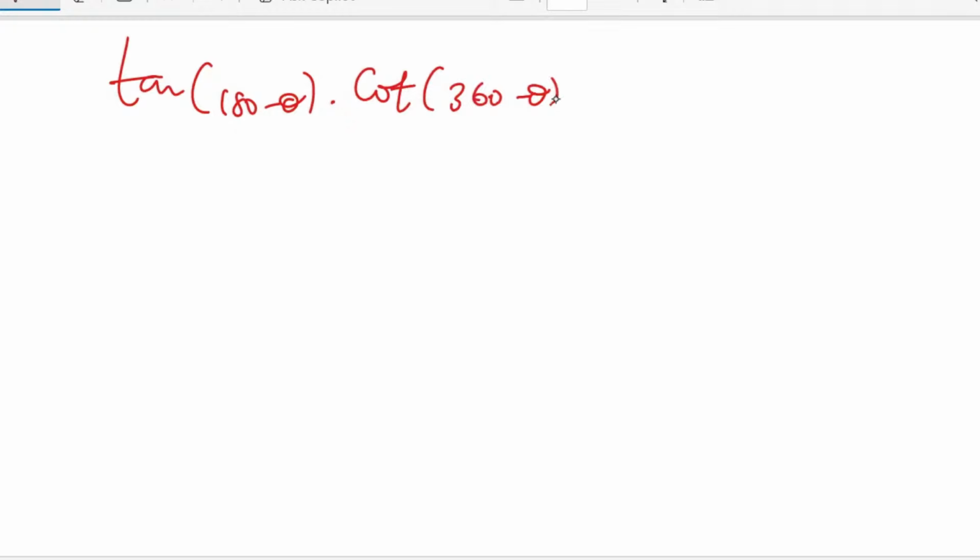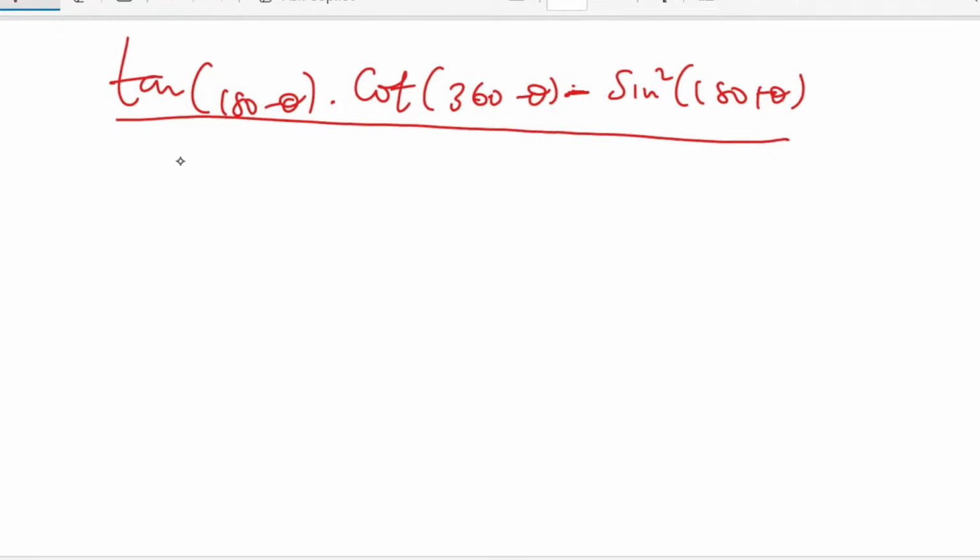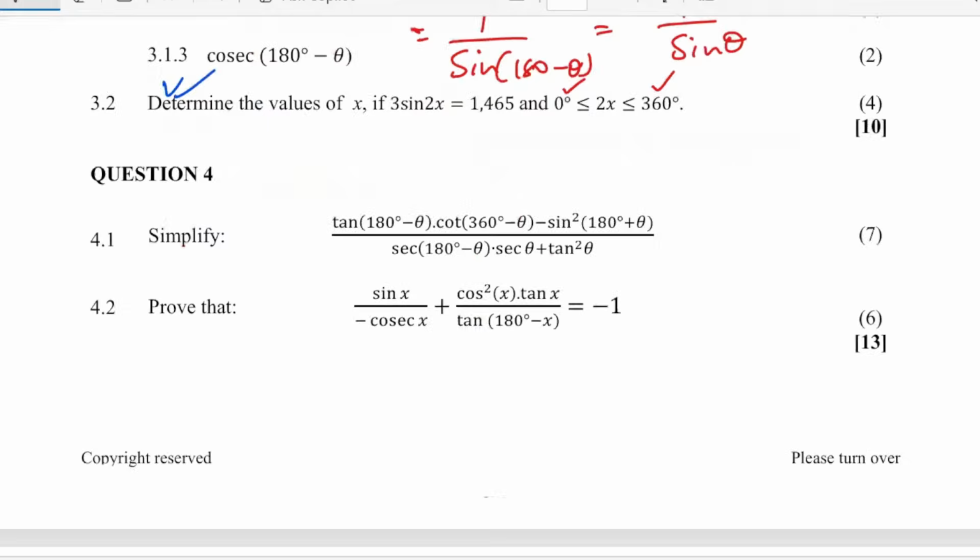Okay, so they're telling us that we have the tan of (180 minus theta), multiplied by the cot of (360 minus theta), minus the sine squared of (180 plus theta). All this is over the sec of (180 minus theta) multiplied by the sec of theta plus the tan squared of theta.